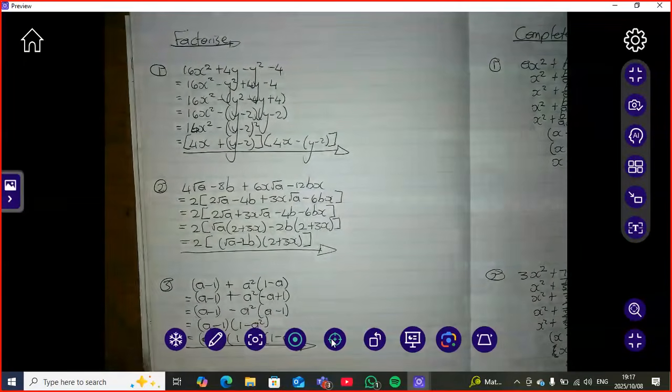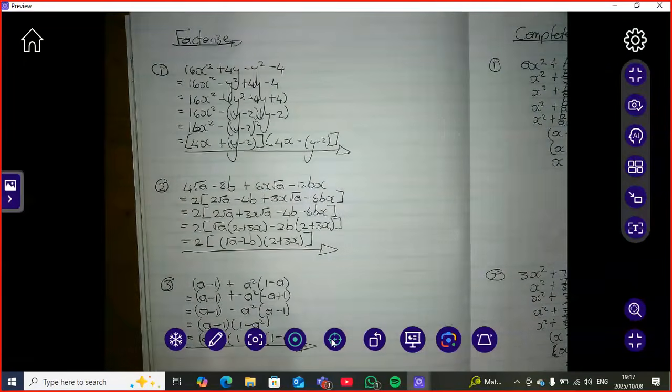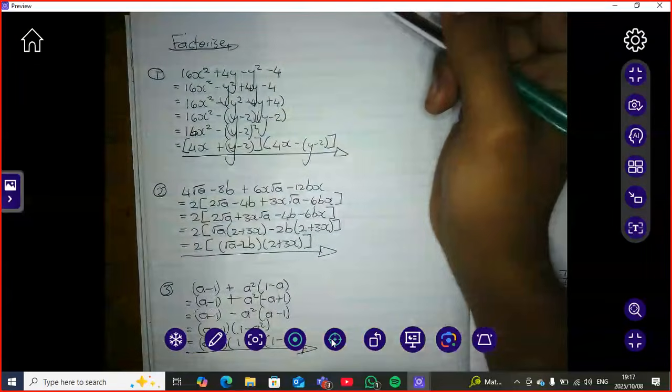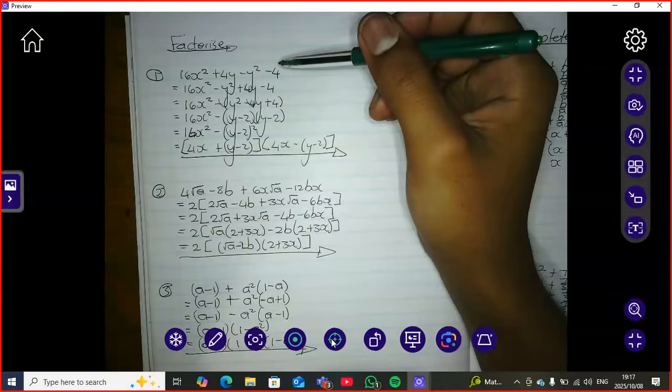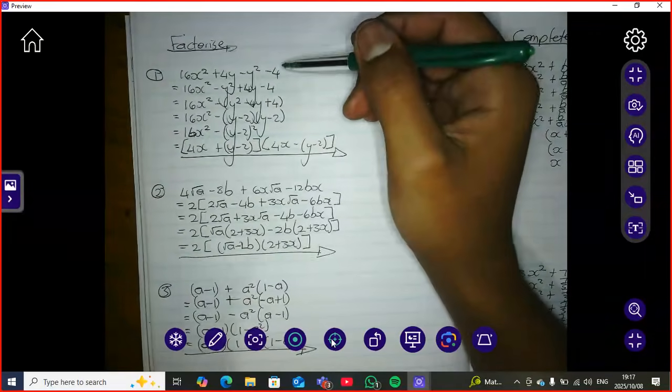Okay. So factorizing, we get a few different types of factorizing. What you might get confused with is grouping, and we didn't group.